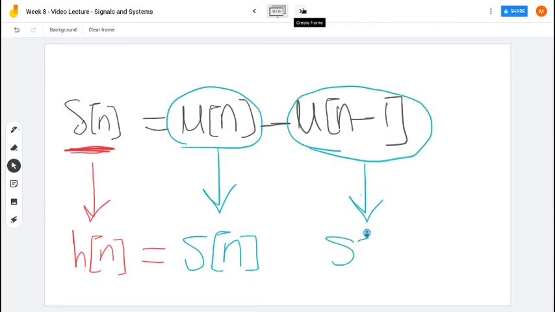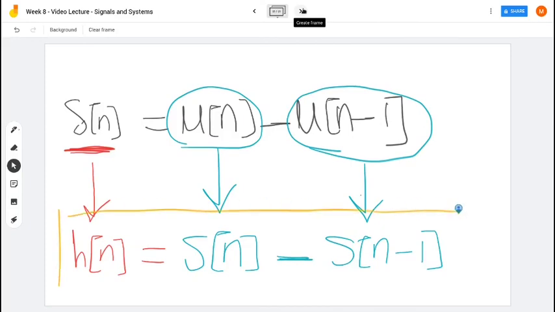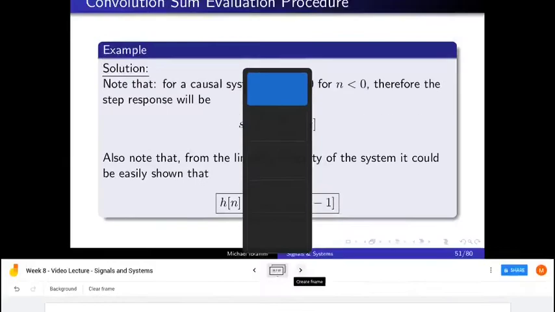This is due to the time invariance property of the system, and since both of them are subtracted, we will subtract the two responses. Therefore, we can see the impulse response is a subtraction of the step response S of n minus the time shifted step response S of n minus 1. This has happened due to the linearity property of the system.